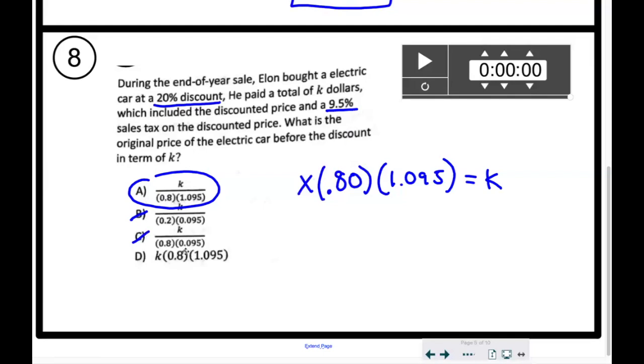And then if they give you the original, then you're multiplying by those numbers to get the final. So if they're looking for the original price, then you're going to be dividing to get the answer. And if they're looking for the final price, you would be multiplying. So that's why it might be quick to just get A without even having to write this out.